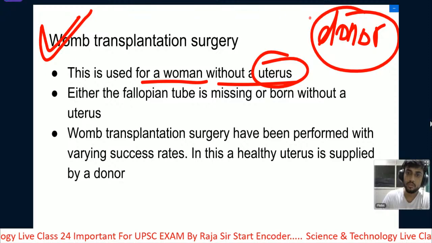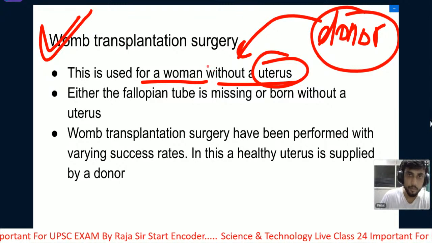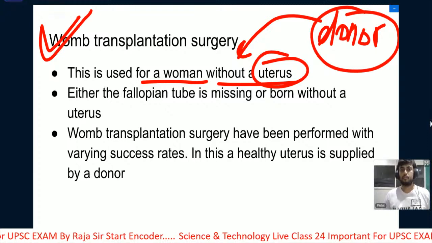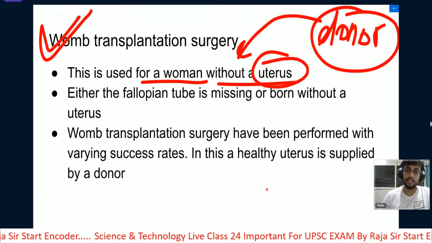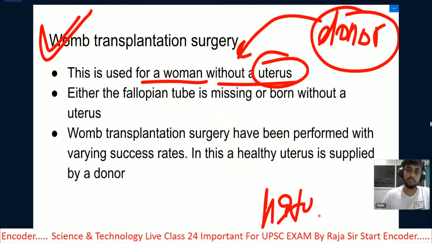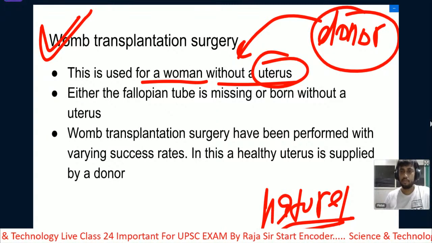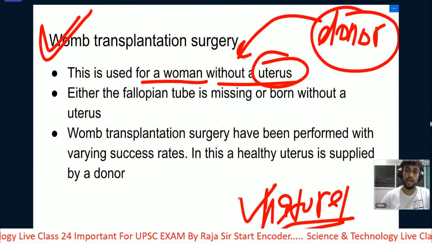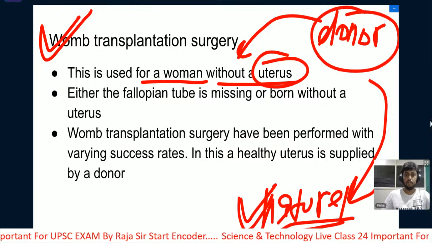The uterus from a donor is taken and implanted inside the body of the woman. So the womb that is transplanted is a natural womb, and this natural womb comes from a donor.